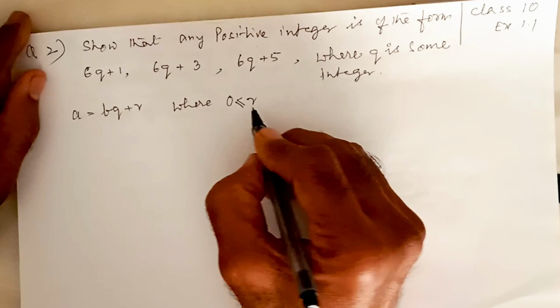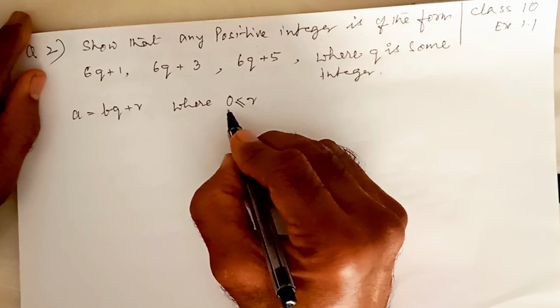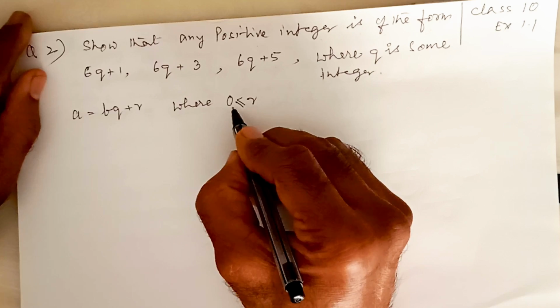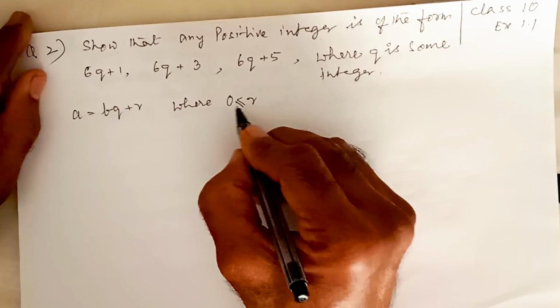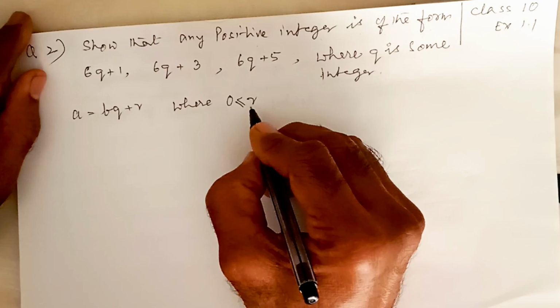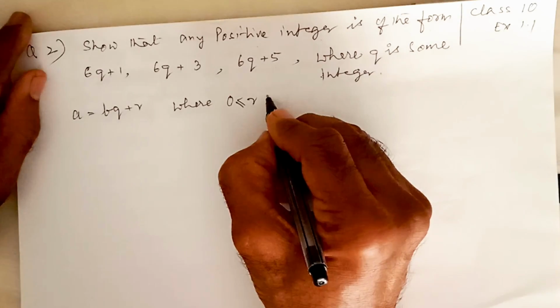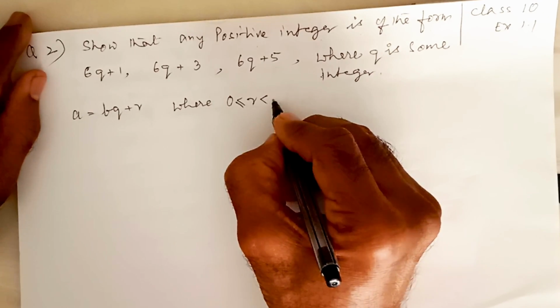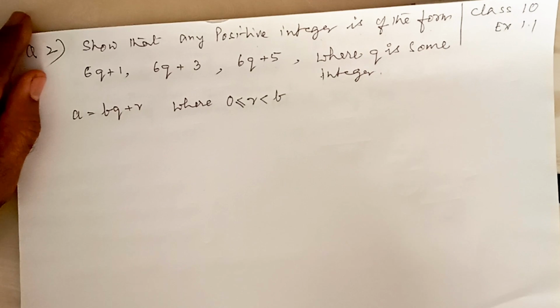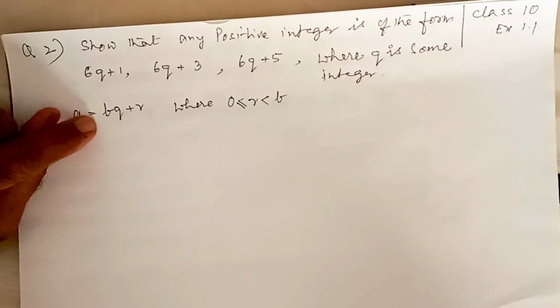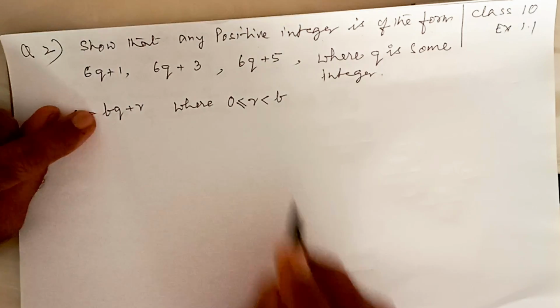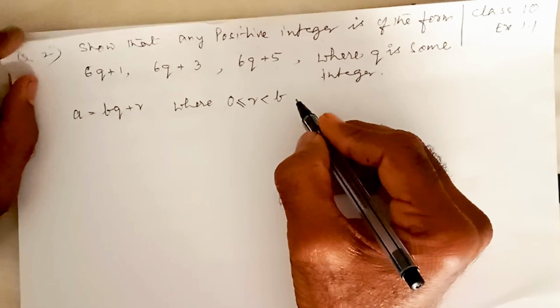That's the condition. Remainder will never be less than 0. It is always greater than 0 or it can be equal to 0. And this also should be noted, that it is less than b. What is b? Yes, it is the divisor.